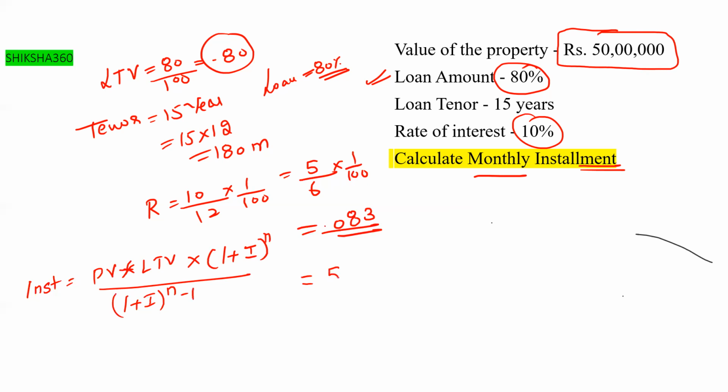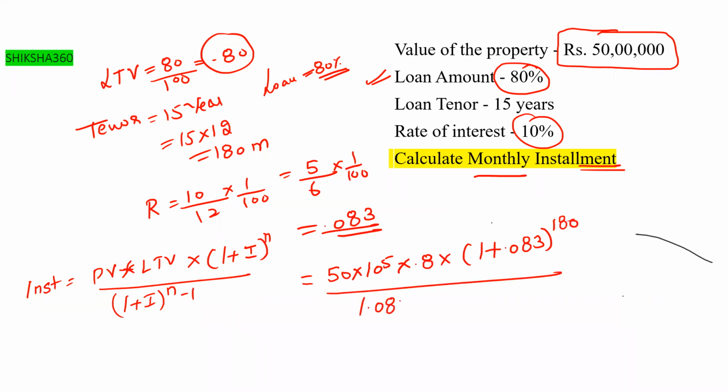So 50 lakh into 0.8 into 1 plus 0.0083 power 180 upon 1 plus 0.0083 power 180 minus 1. From this we are able to calculate the value.